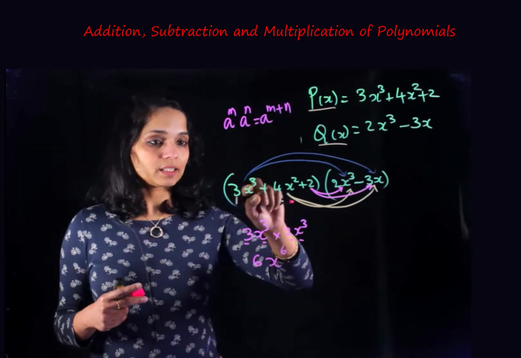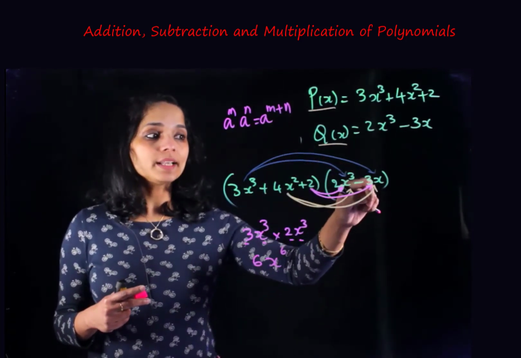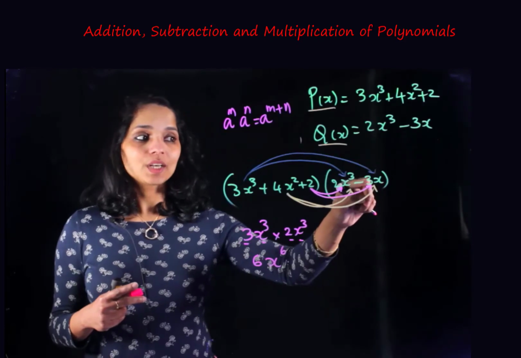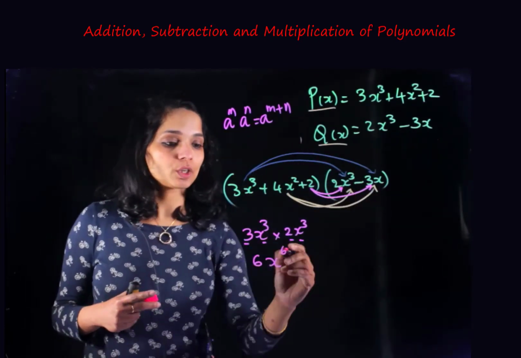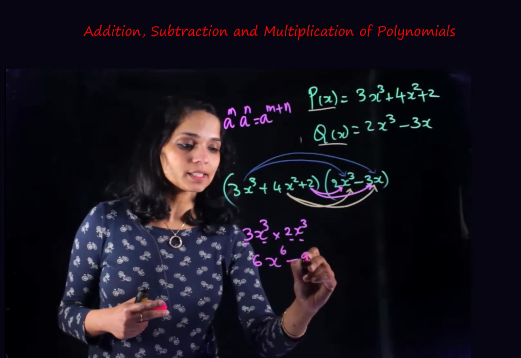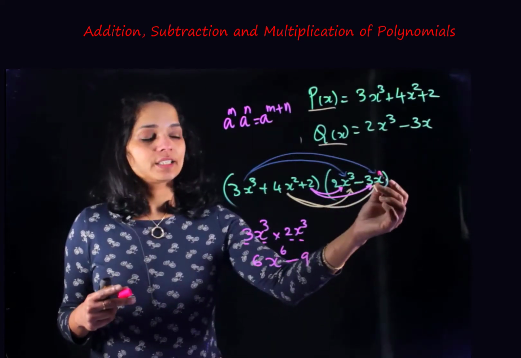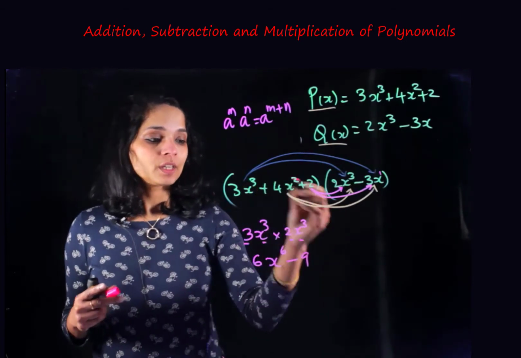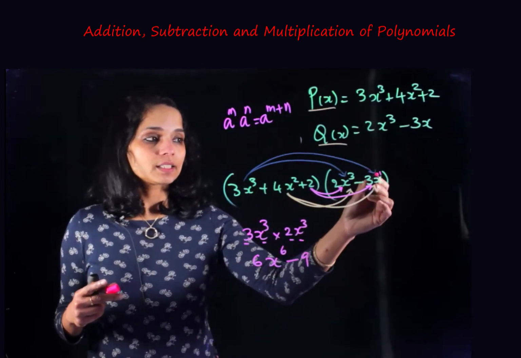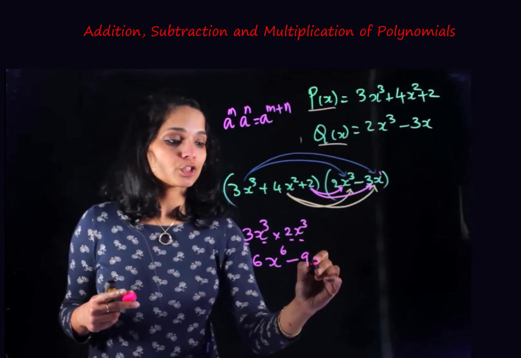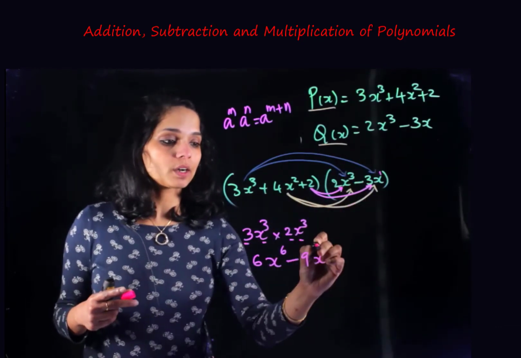The next term is 3x³ times minus 3x. 3 times minus 3 is the coefficient, which is minus 9, and x³ times x. You need to treat x as x to the power 1, so x to the power 3 times x to the power 1 is x to the power 3 plus 1, which is 4.